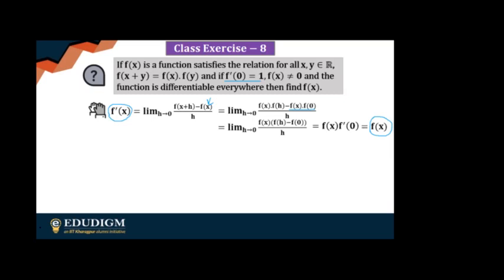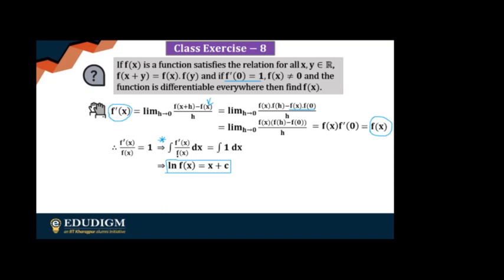So this is the first observation that we make. Then what we do is we simply go ahead and integrate. Okay. So that is the second step that we have also used for the previous one. We are integrating this. So if I integrate this, this will be ln f(x).